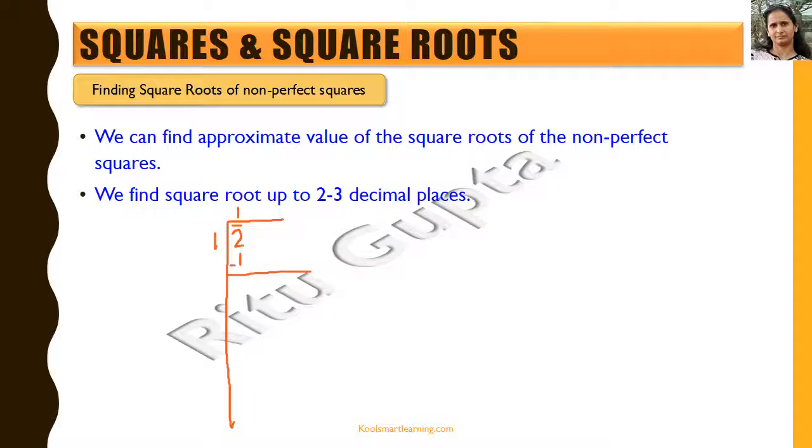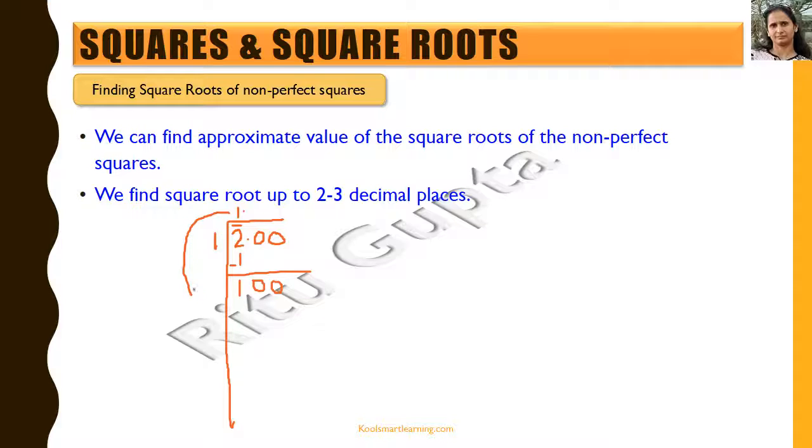So we subtract and get 1. Since there is no other digit in the original number, we place a decimal and add 2 zeros. We always place an even number of zeros, 2 zeros in one go, and we bring them down and place the decimal in the quotient area also.